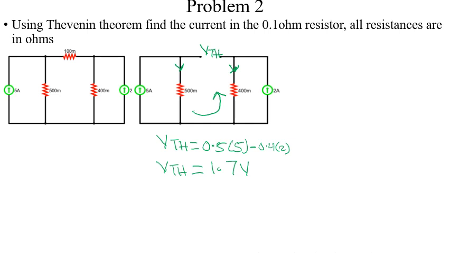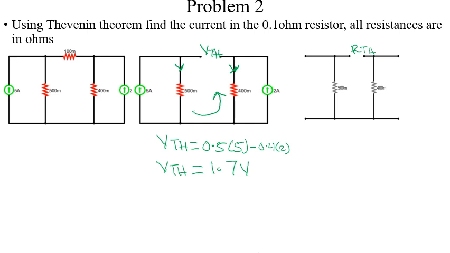Then the next step, we have to find RTH. To find RTH, we short circuit voltage sources and open circuit current sources. Open circuit means we should open here. If current starts to flow from here, it doesn't split, it just takes this path, moves here and moves back.